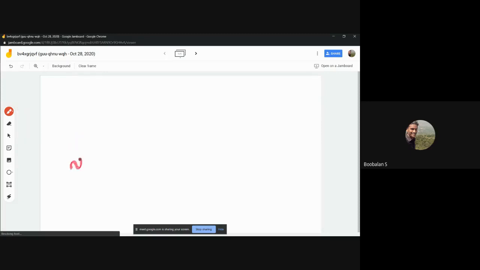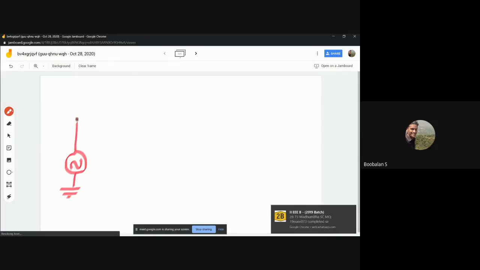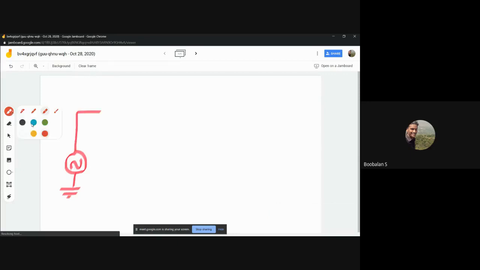Just note it down, work side by side. This is my generator, an ideal generator, for example. It generates electrical power, and we are going to feed it into bus number 1. Here we have bus number 1.